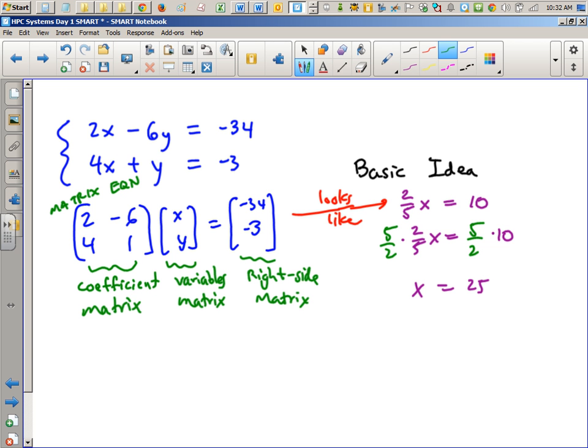So here's our goal now. Our goal now is to create a matrix which will sort of erase the 2, -6, 4, 1 and create the identity matrix instead. So what I really want is for this to be this: 1, 0, 0, 1. This is what I want.